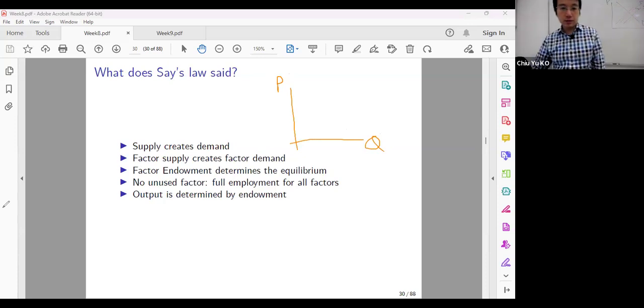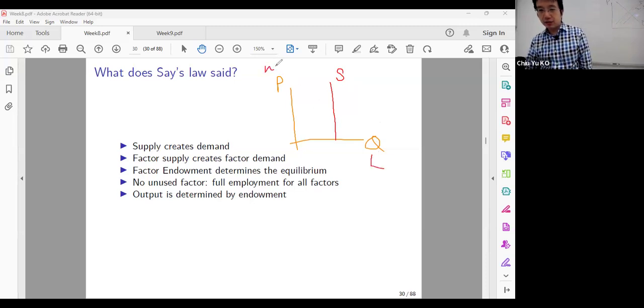In the long run, this is supply. Maybe it's easier to think of labor and wage.